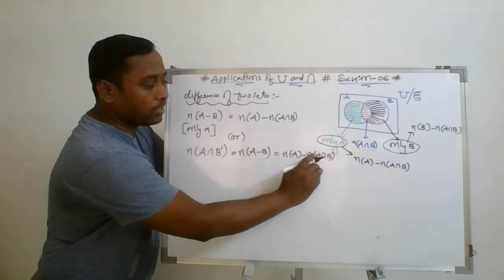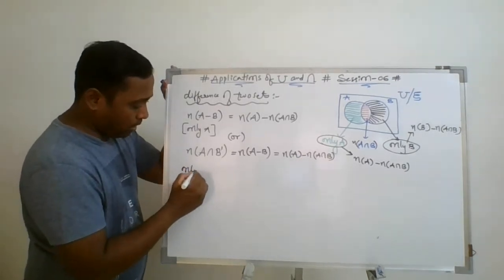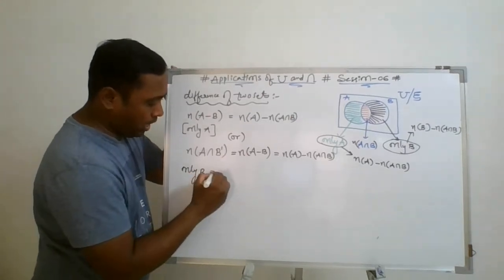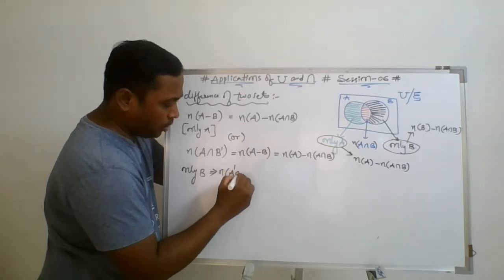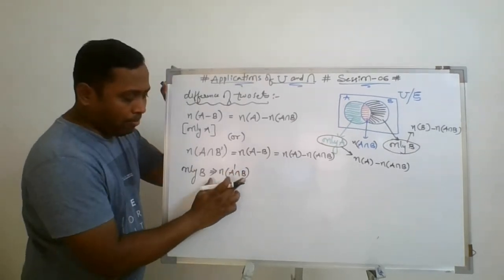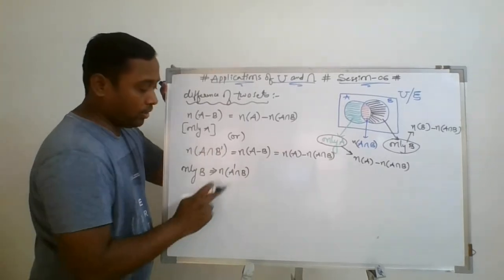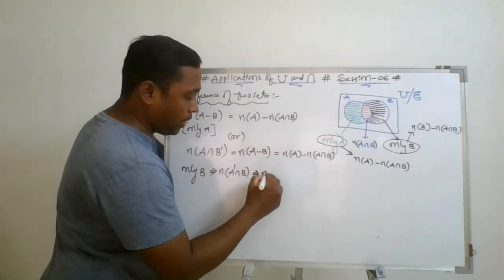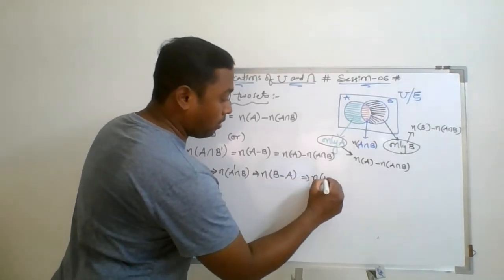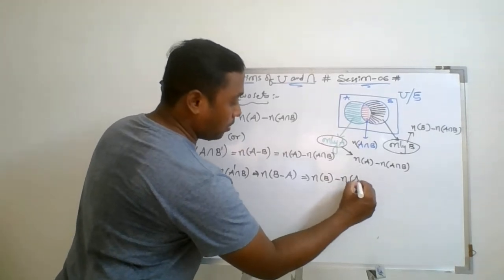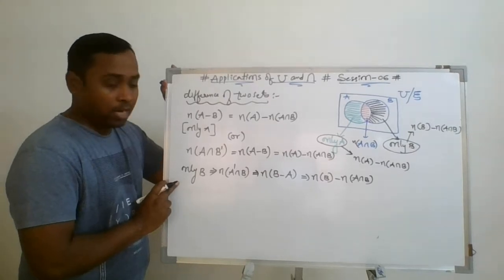So the same concept you may also apply for only B. So simply I am writing for only B. Only B implies number of A dash intersection B. बी में है बट ए में नहीं है, which means A dash intersection B implies B minus A, which implies number of B minus number of A intersection B. So this is the Venn diagram language.